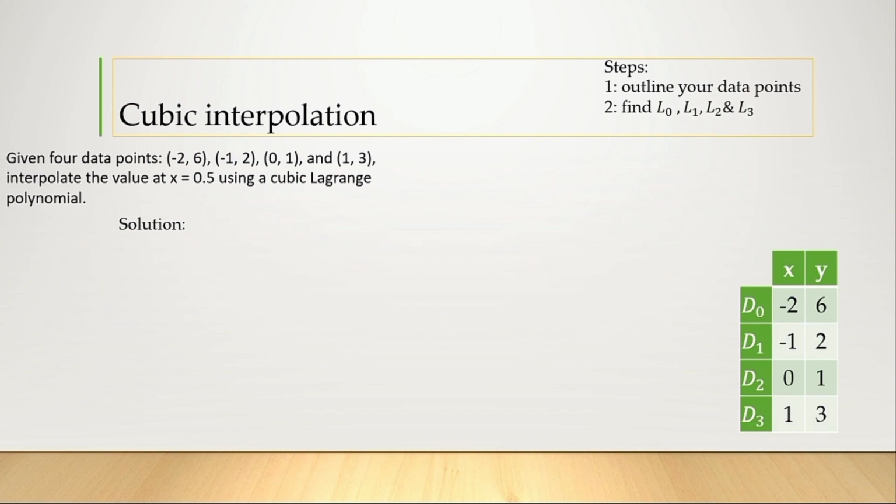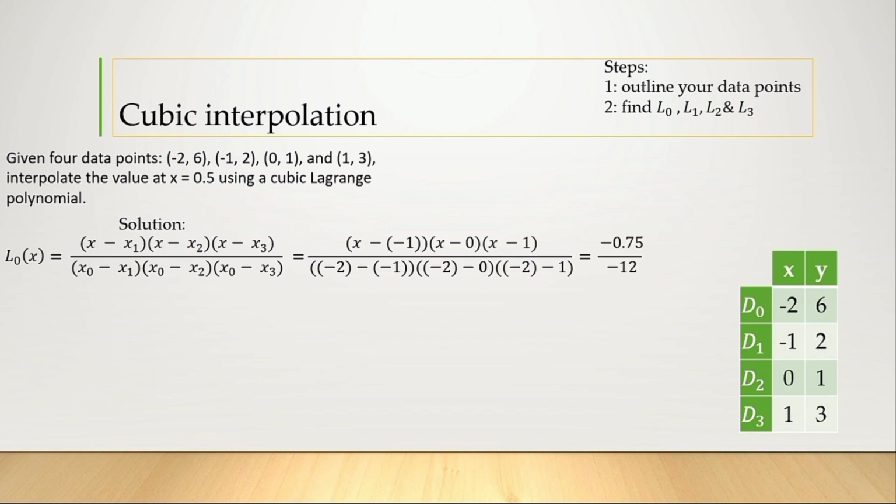We plug in this formula, and we see that for L0 we have x1, x2, and x3 on top, but on the bottom we have x0 minus x1, x0 minus x2, and x0 minus x3. When you plug in the values, you get a value that is basically positive.